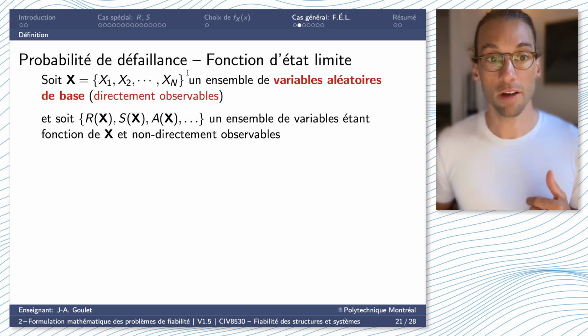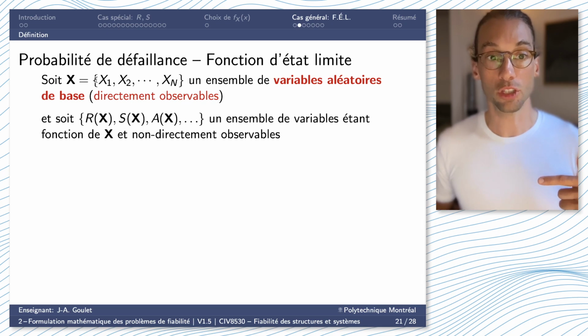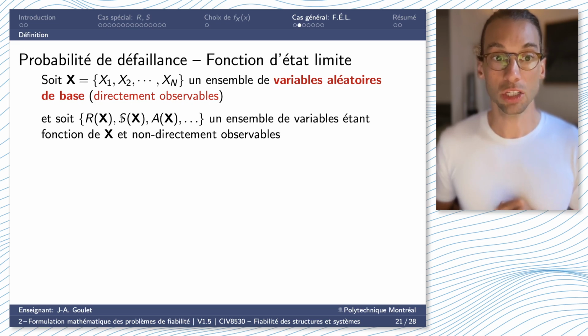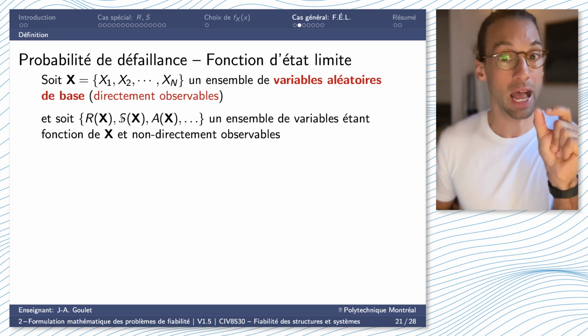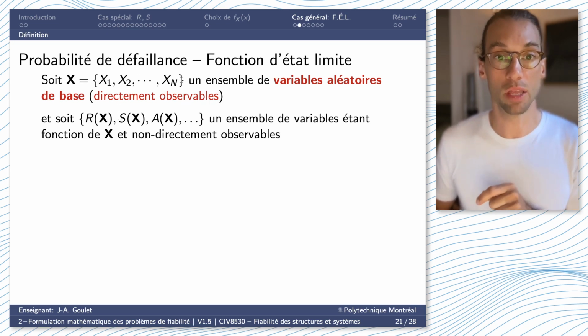We're going to define R of X, S of X, A of X. R of X could be the resistance, which itself will involve some or all of these n random variables. The solicitation is not modeled explicitly as one random variable, but as a function that involves these random variables.